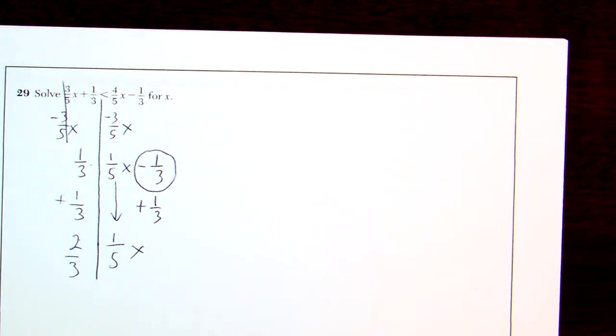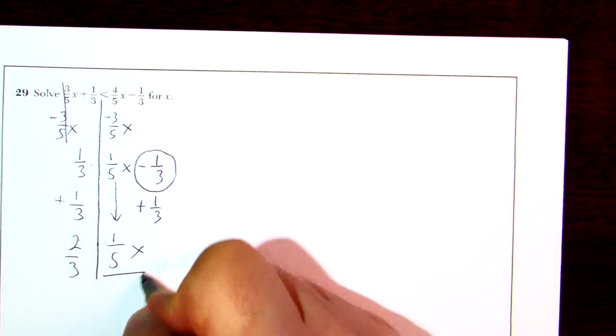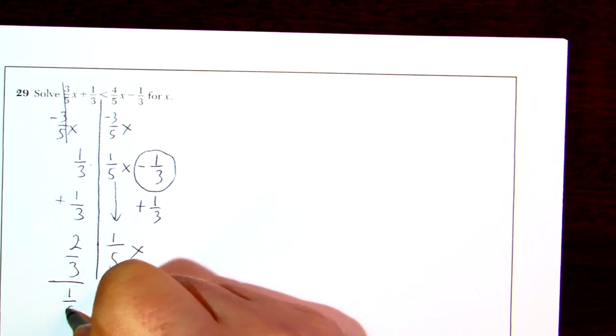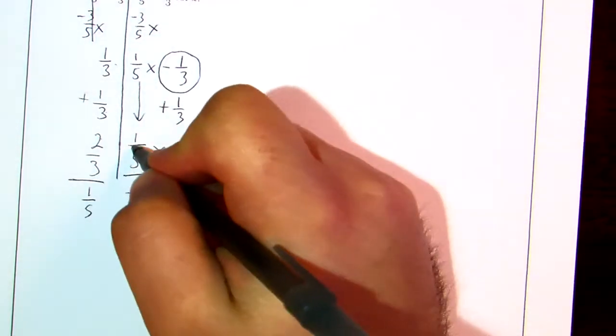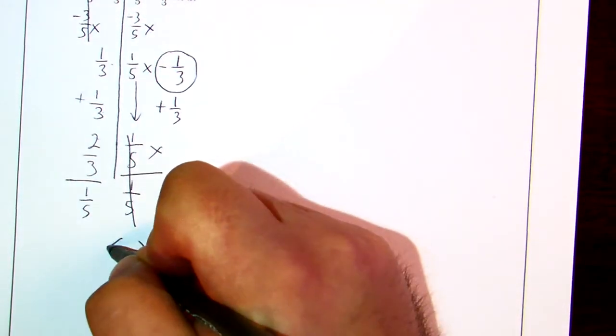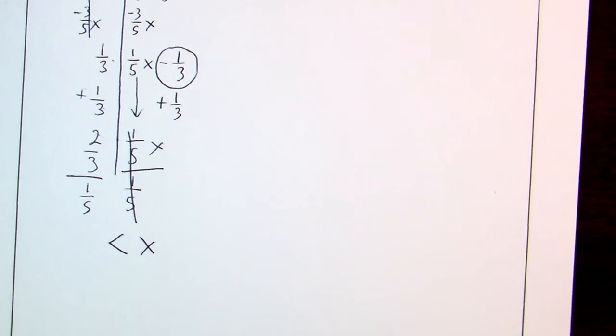How do you get rid of the 1/5? Divide by 1/5, or you can multiply both sides by 5, because when you do that, this will cancel. But let's go ahead and just divide by 1/5 and let the calculator do the work. Okay, so the 1/5s cancel, x, we got the less than sign, and let's go ahead and grab our calculator.